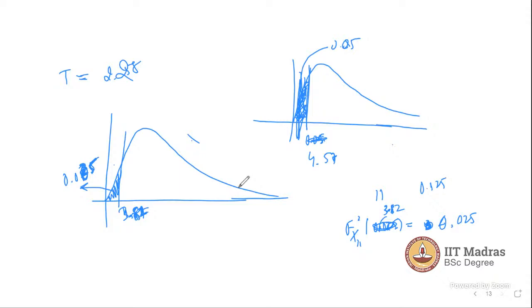If you take alpha by 2, at 3.82 you are getting a 2.5% level of significance. So this 2.28 will also lie in the rejection region, right? Because at 3.82 it is the 0.025 level of significance, then 2.28 will also lie in the rejection region, and we will say that we are rejecting our null hypothesis.